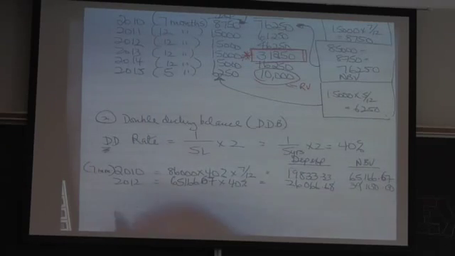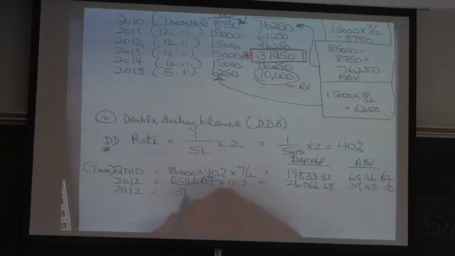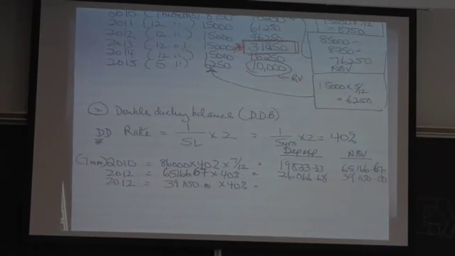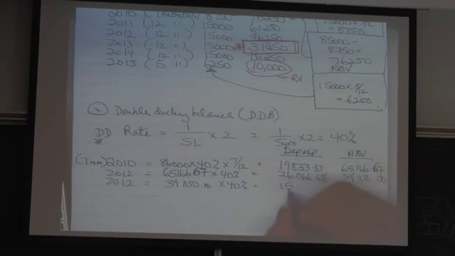In 2012, the net book value is 39,100 times 40% to give us the depreciation expense of 15,640.